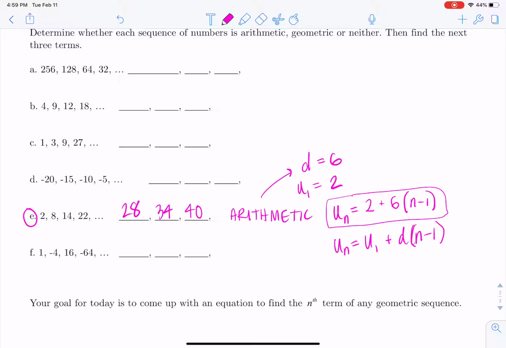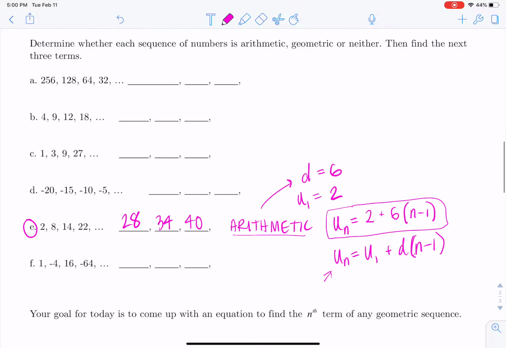So I want you to come up with your own equation here, but make sure that it applies to geometric sequences and not arithmetic. One of the biggest differences between arithmetic and geometric sequences is that arithmetic is addition and subtraction and geometric is multiplication.